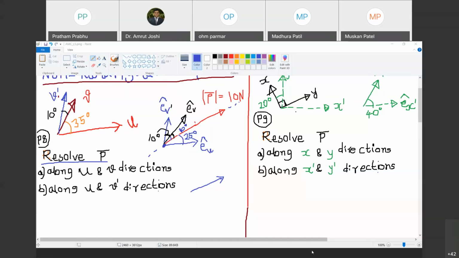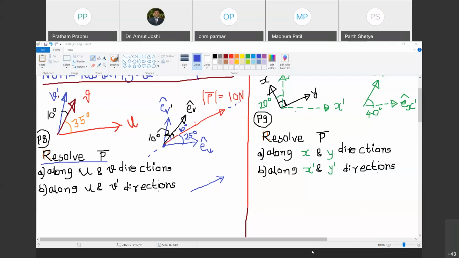Now let me ask Parth Chetty. Yes, sir. What do you understand by resolution of a force? I feel it's the separation of a single vector into two vectors. In the way we add, resolution means separation of a single vector into two vectors.